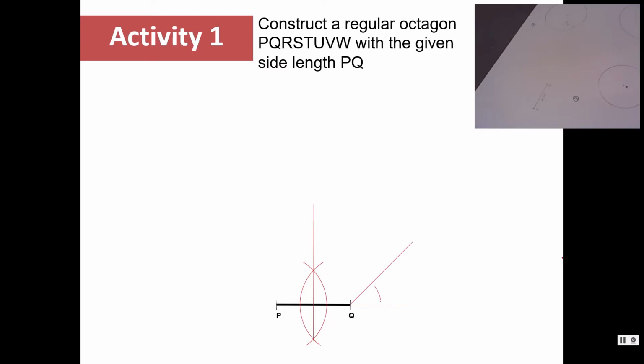And then after that, you need to draw a 45-degree line by using the 45-degree ruler, and then find point R, which is the same distance between PQ and QR, and find the midpoint too for that, so that at the end you're going to get the center point of this big circle, O, and then construct the circle, and then with the same distance of PQ you can determine the other points that the octagon has.